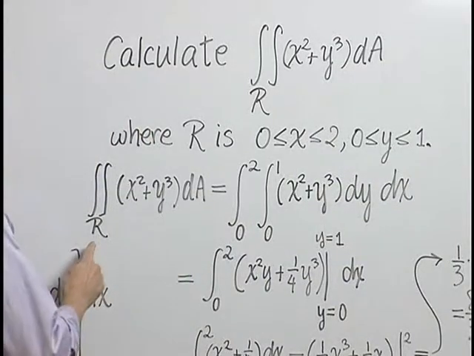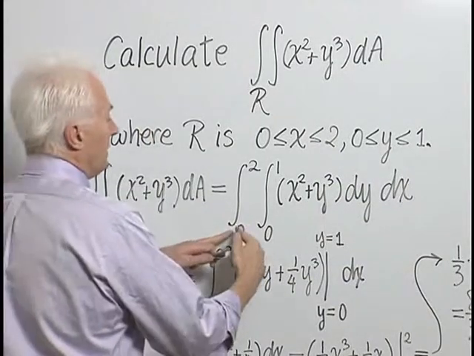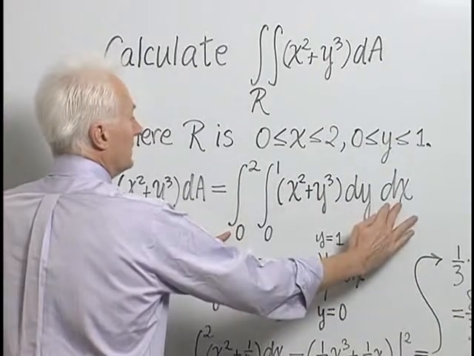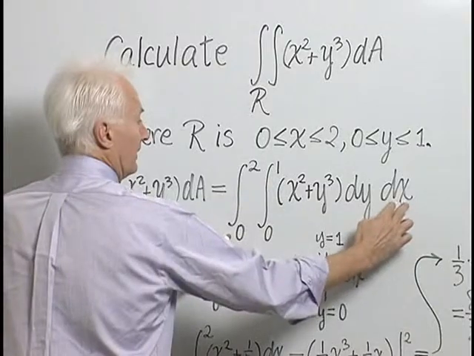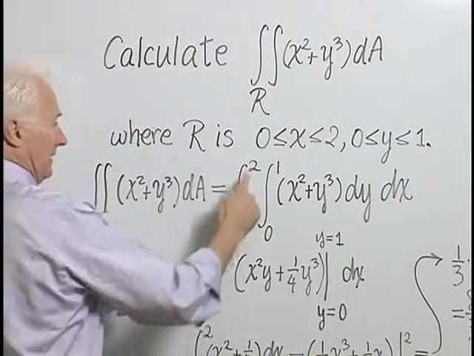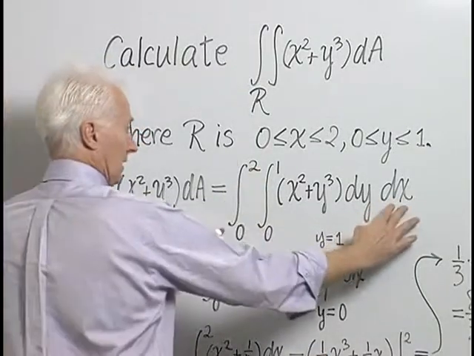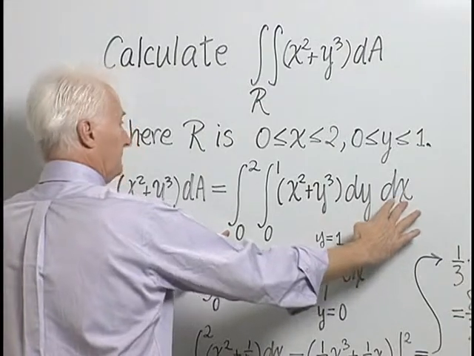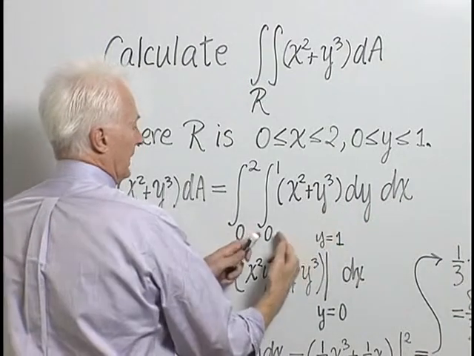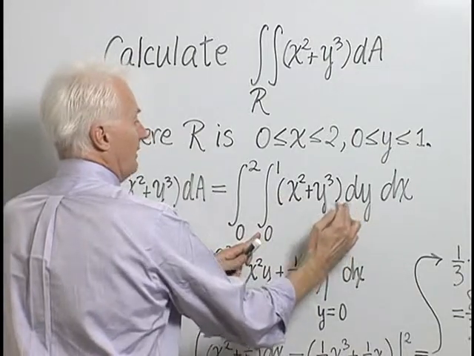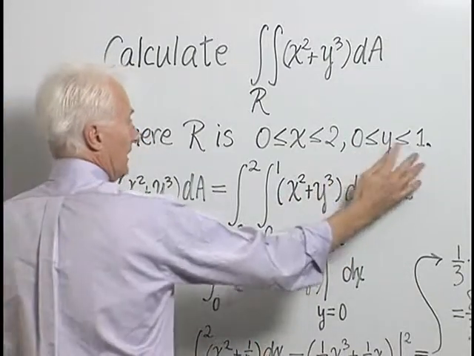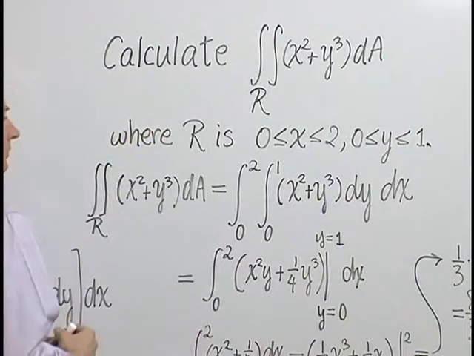Well, for instance, the x varies from 0 to 2. And when I look at this, remember the outer limits are going for the last variable here. The limits on the outer integral go with that variable. And these limits, 0 to 1, are for the y variable. And see, y is restricted to be between 0 and 1.